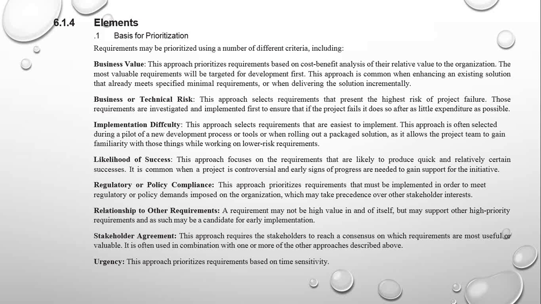So now you have relationship to other requirements. A requirement may not be high value in and of itself, but may support other high priority requirements, and as such may be a candidate for early implementation.